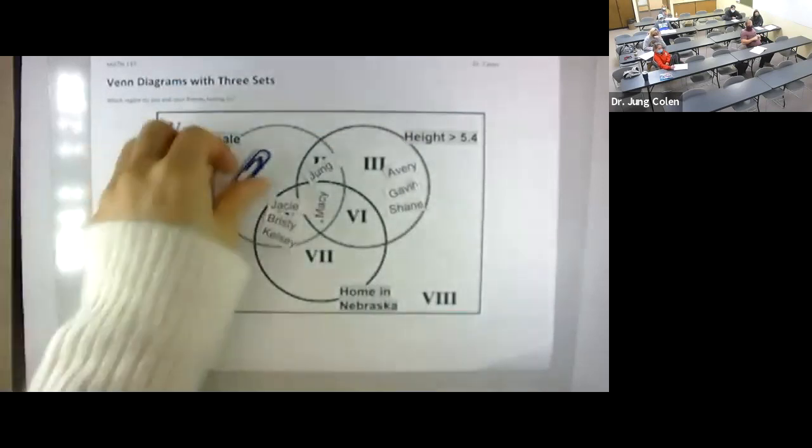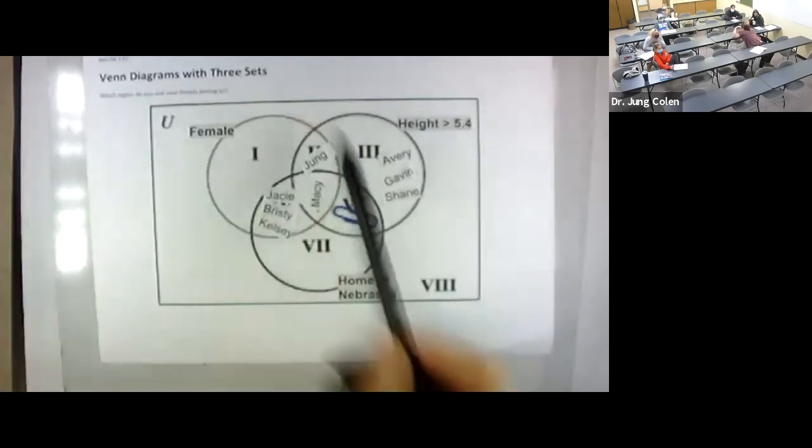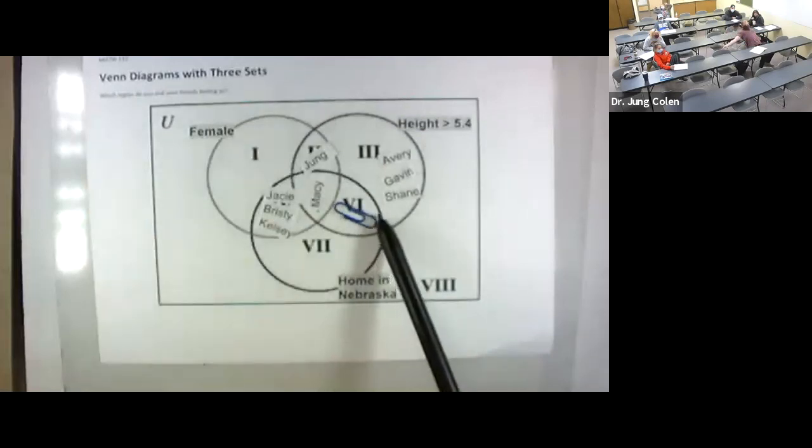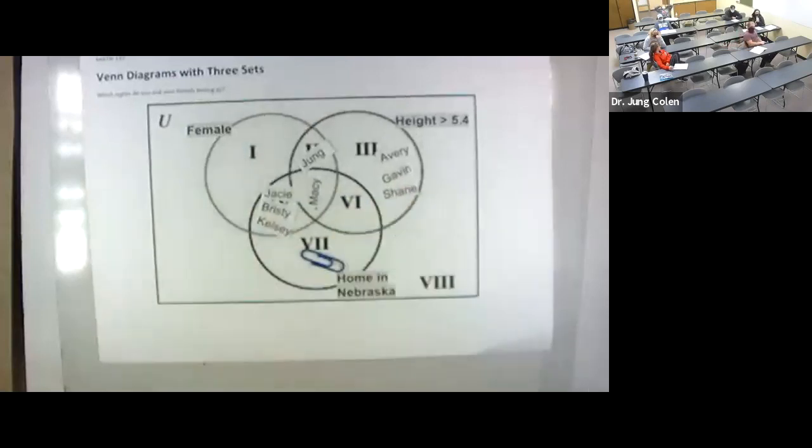So yes. How about if I put a person here? This person is not a female, lives in Nebraska, taller than 5'4", right? How about here? Not a female, not taller than 5'4", but from Nebraska.